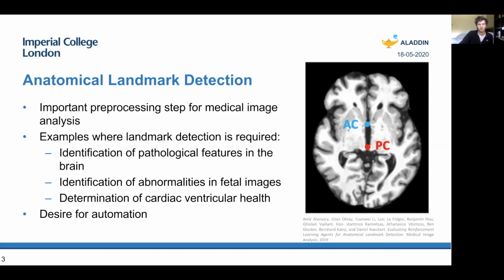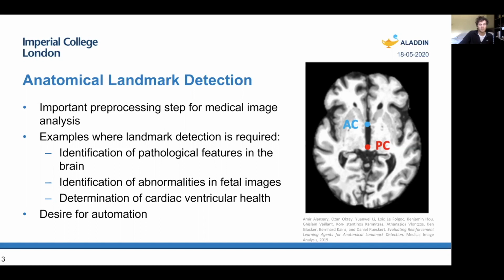Key examples where landmark detection pre-processing is required is the identification of pathological features in brain MRI, identification of abnormalities in fetal ultrasound images, and the determination of cardiac ventricular health from abdominal MRI.